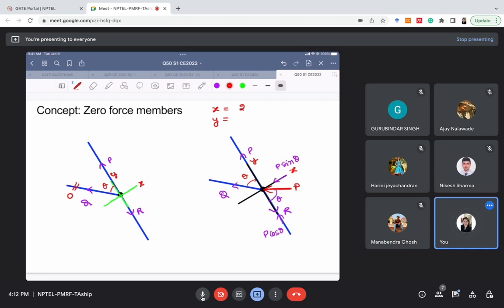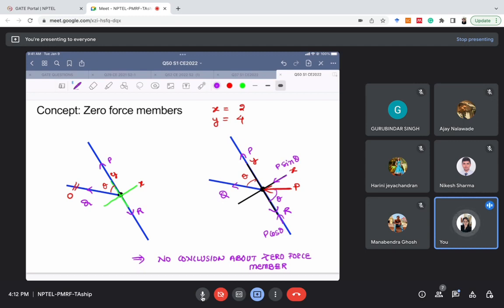The number of forces in the y direction will be, P and R are already there, one is P cos theta, and one more, Q cos theta, so there are 4 forces. Since there is no direction in which the number of forces is 1, we can have no conclusion about a zero force member. Okay, so we cannot say if any member is zero force or not for this particular case.